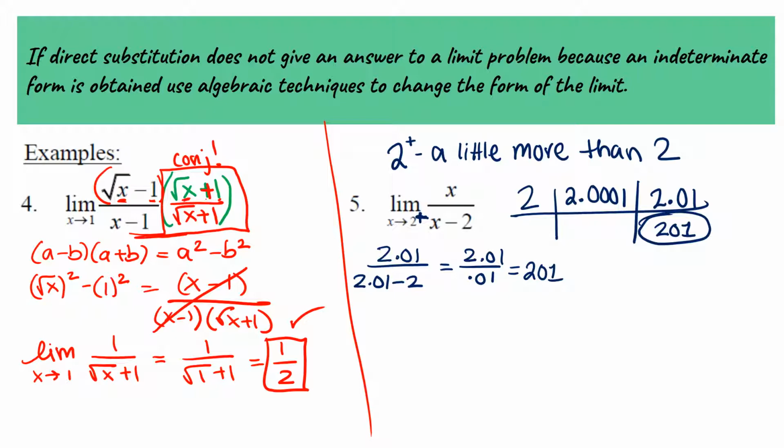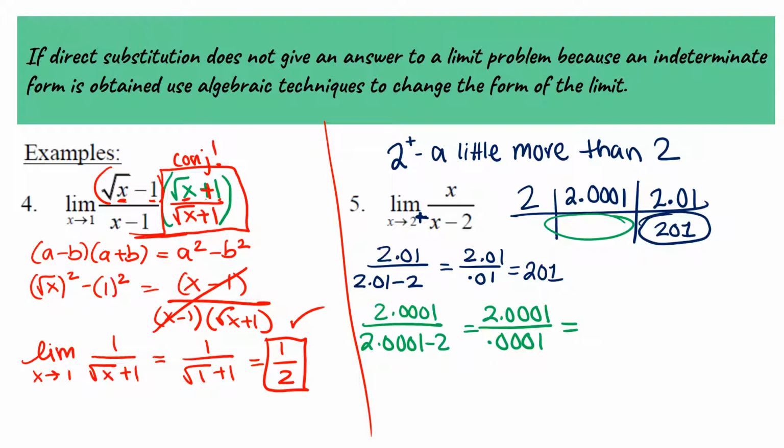So I'm going to go ahead and check this one right here: 2.0001 minus 2. Okay, great. Now when we plug that into our calculator, we're going to get 20,001.